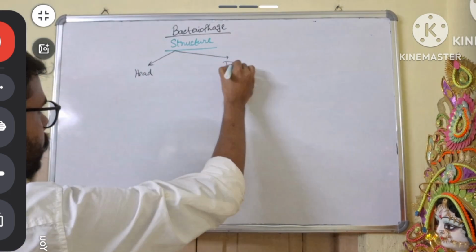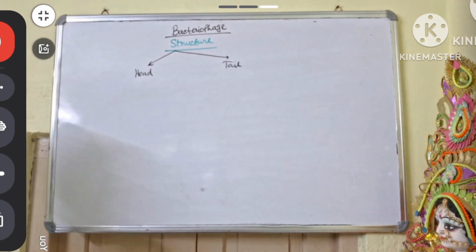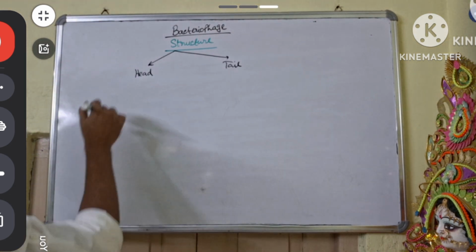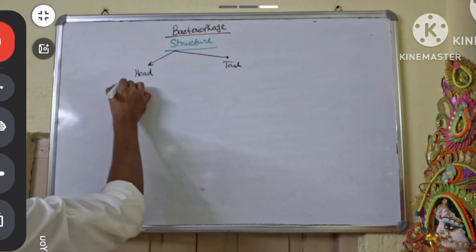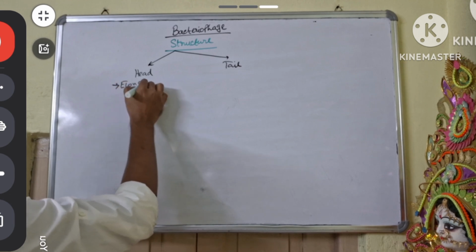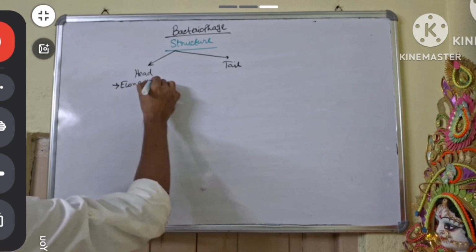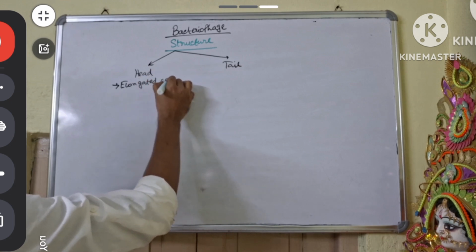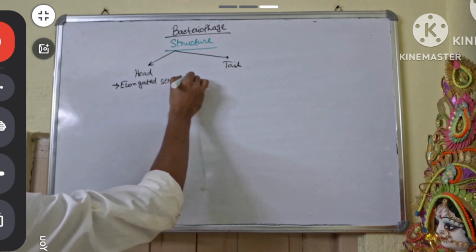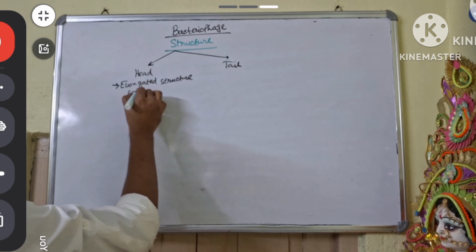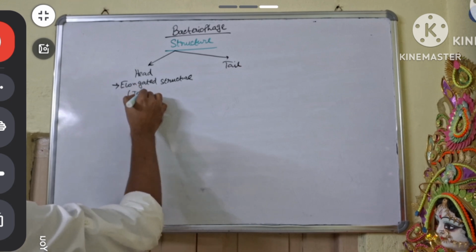The head is an elongated structure, icosahedral shape, symmetry.